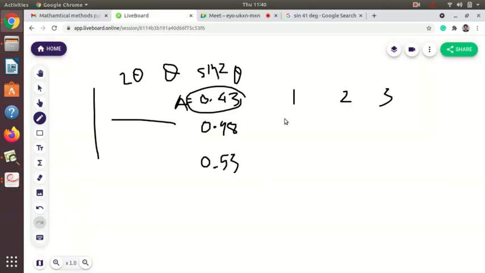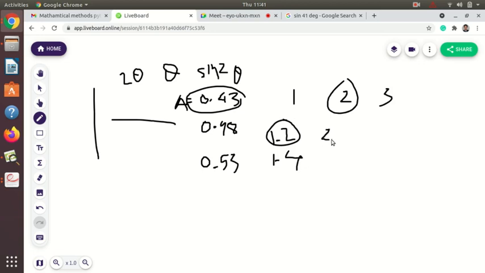So what I have to do here is calculate 0.48 divided by 0.43. I will get something like 1 point some value, let's say 1.2. I don't know what value is coming here. Similarly here we get some value, 1 point, let's say 1.4. You will calculate that accordingly, and then multiply this by 2, the same value.